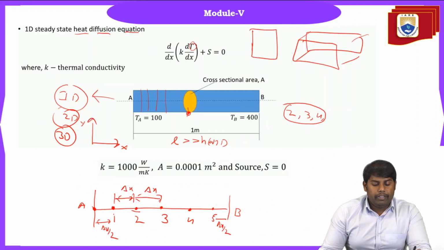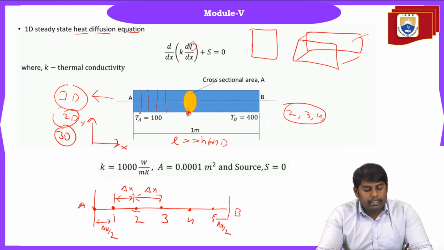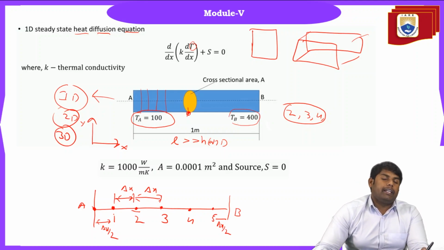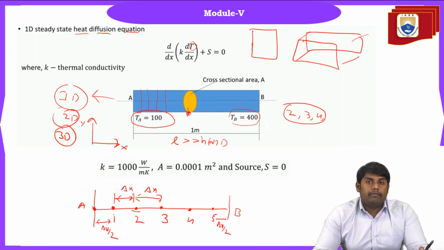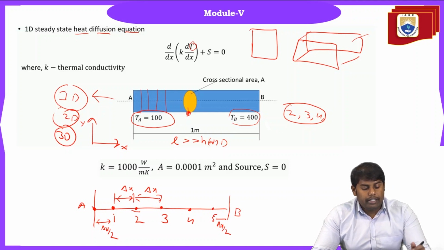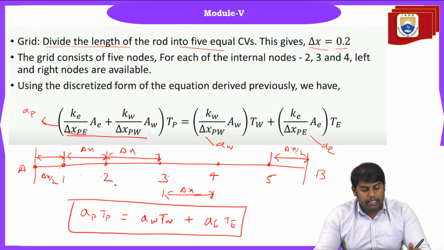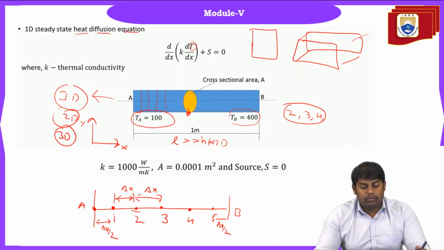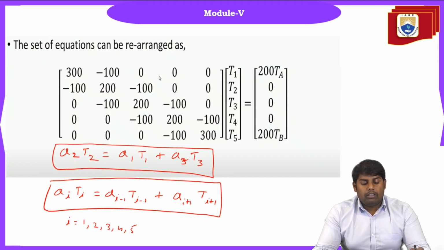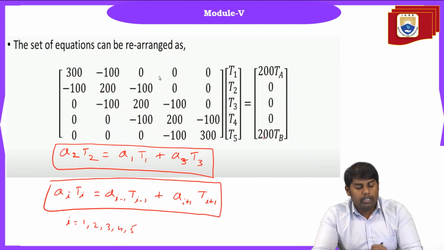In the problem we have seen that at station A the value of temperature is 100, and at station B the value of temperature is 400. When we do some arithmetic, since it is delta x by 2, at the boundary phase that will be 200 Ta and 200 Tb.